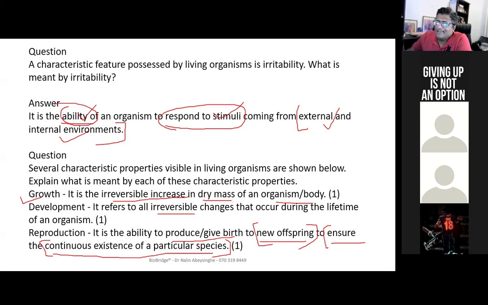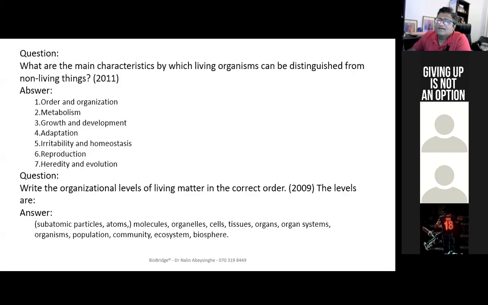Okay, then next, what are the main characteristics by which living organisms can be distinguished from non-living things? You have to tell these 7 things we discussed. And the other question is, write the organizational levels of living matter in the correct order.